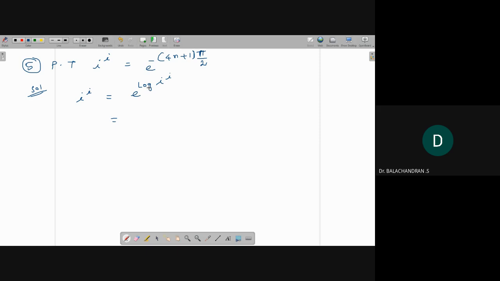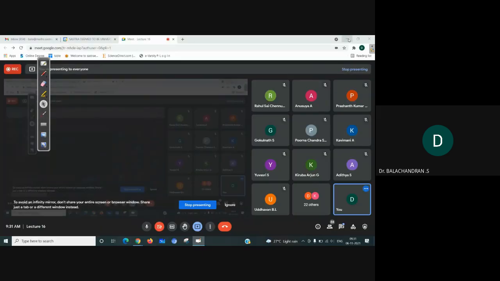Using the properties of logarithm, log m power n is n log m, so this is e power i log i, capital Log i. Okay? Gopalnath, if you know, you can tell the answer. What is log i?